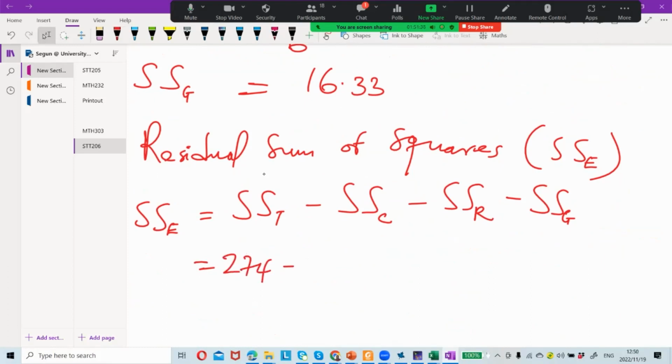SSC is what? SSC is 201. SSR is 20. SSG is 16.33. So what's the final answer for this?